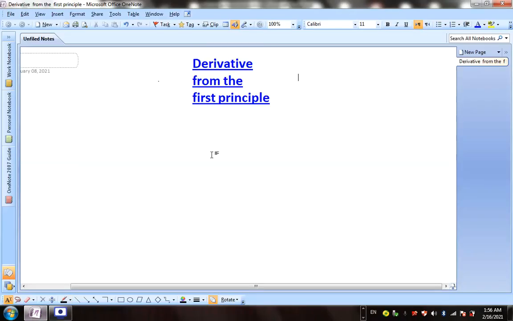Now, let's consider this graph, a straight line graph with a given point.